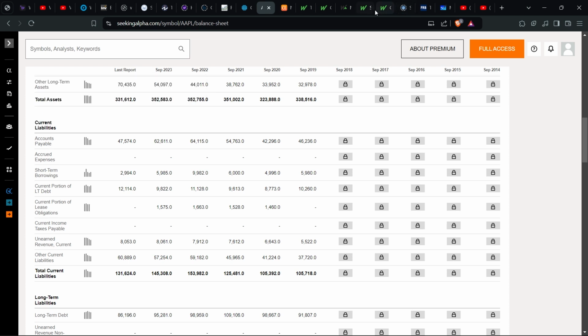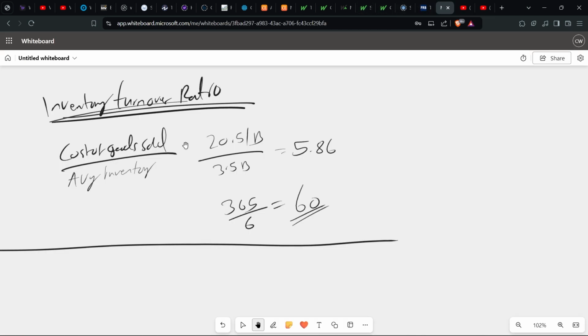And from here, from the inventory turnover ratio, it takes about 60 days on this business. So the inventory turnover ratio, like we said, there are industry benchmarks. There is no benchmark for all businesses, but there is usually a benchmark for an industry, like how fast goods are supposed to move within this industry.